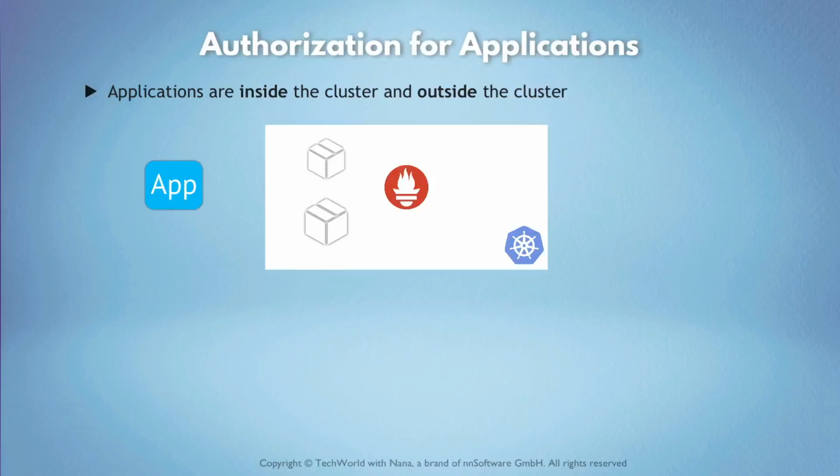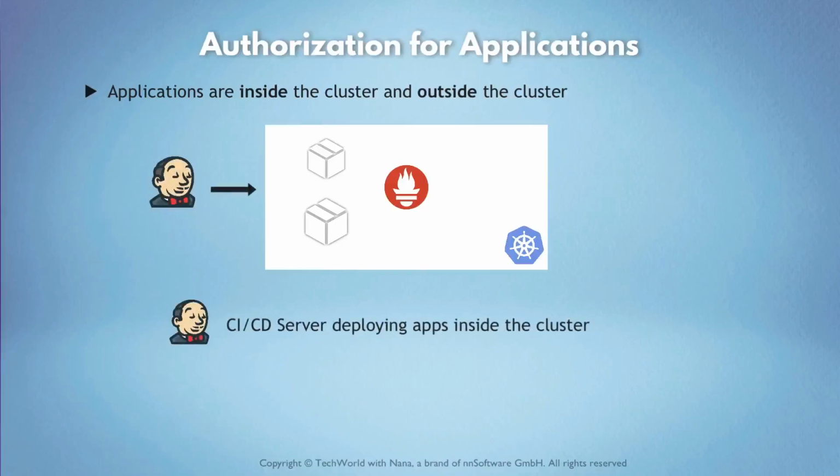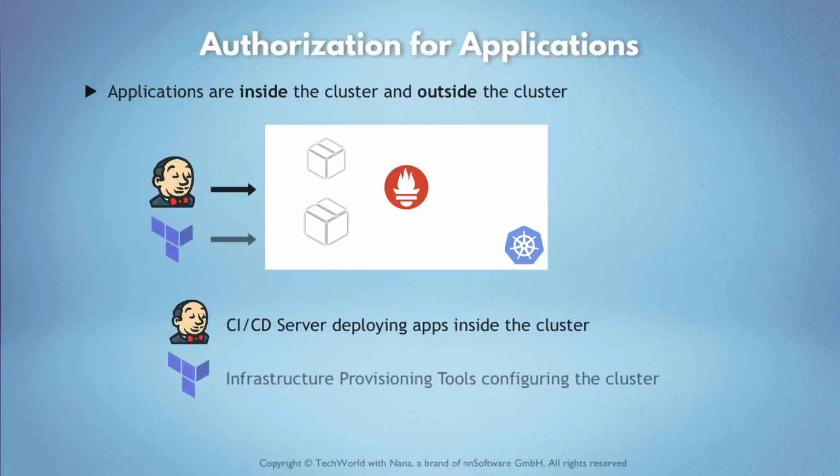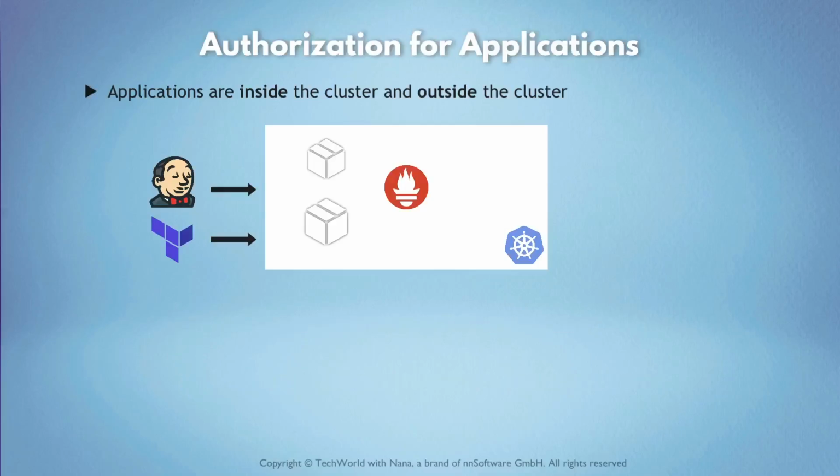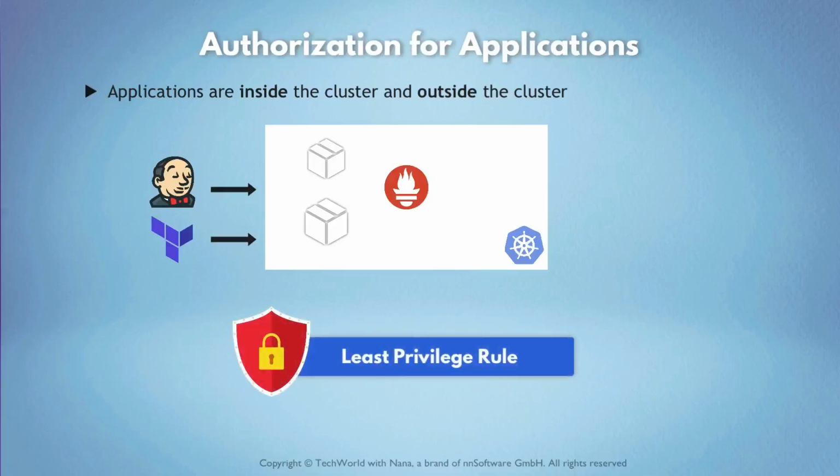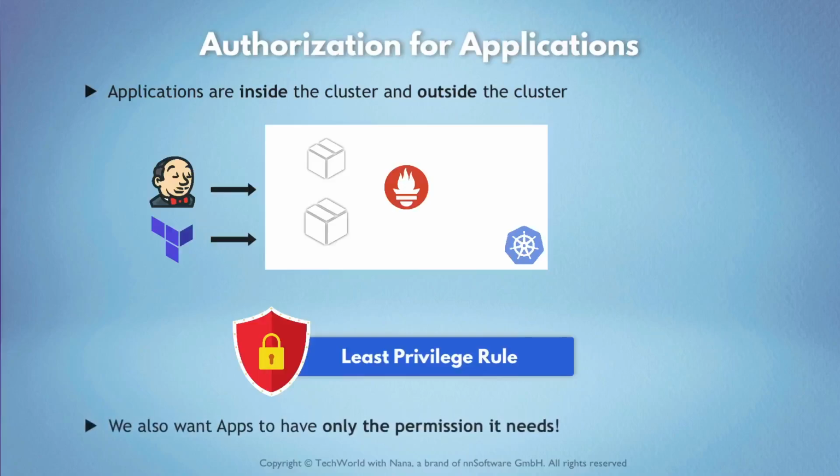And we also have the external applications. For example, a CI/CD tool that deploys applications to the cluster, or maybe a Terraform application that configures the cluster itself. As I said at the beginning, with the least privileges security practice, we want to make sure that application only has permissions that it needs in the cluster and not more.